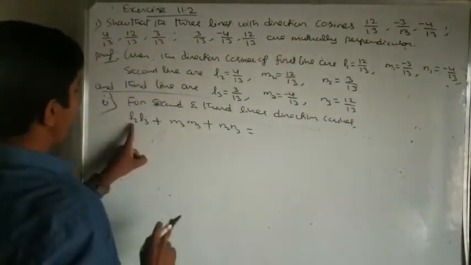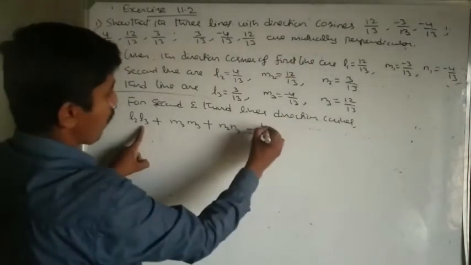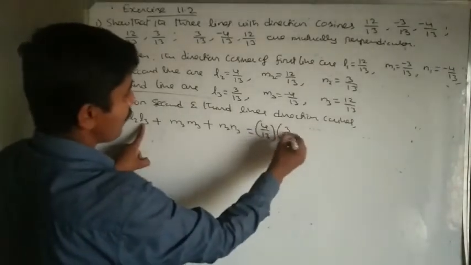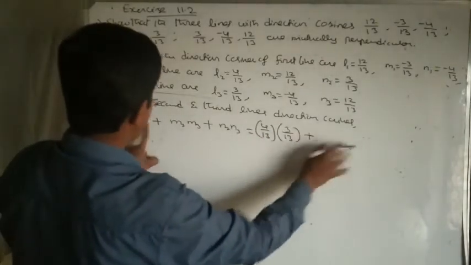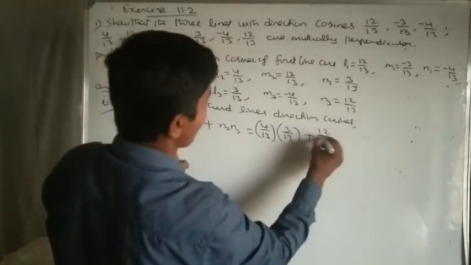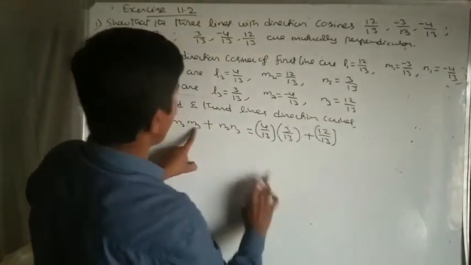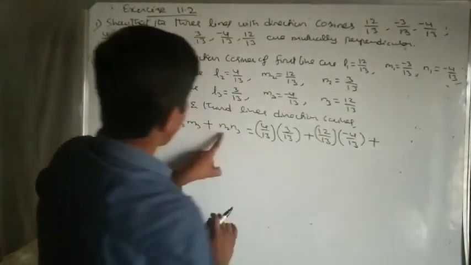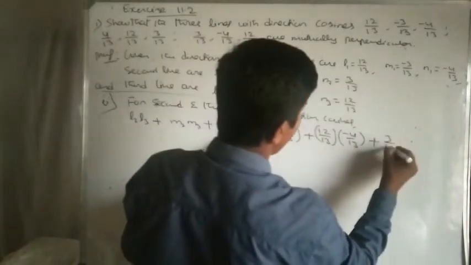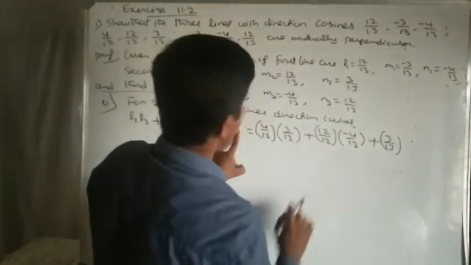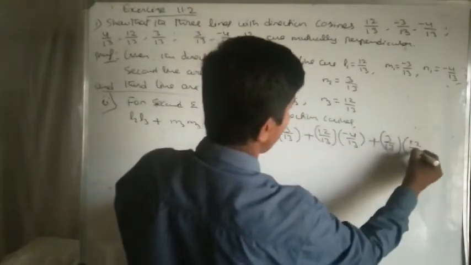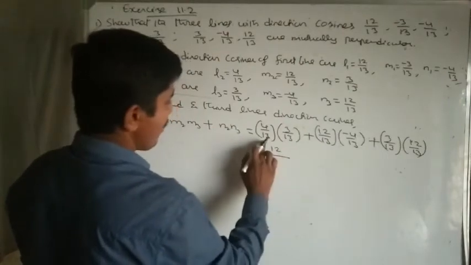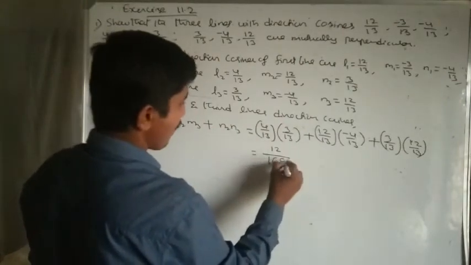Substitute the values here. L2 value 4 by 13 into L3 value 3 by 13, plus M2 value 12 by 13 into M3 value minus 4 by 13, plus N2 value 3 by 13 into N3 value 12 by 13. 4 into 3, 12 divided by 13 into 13, 169.